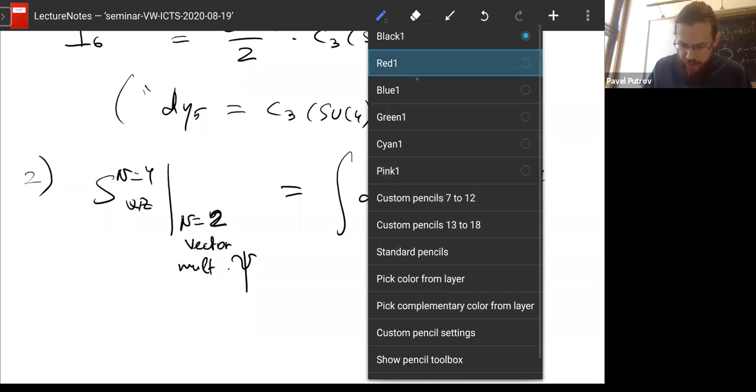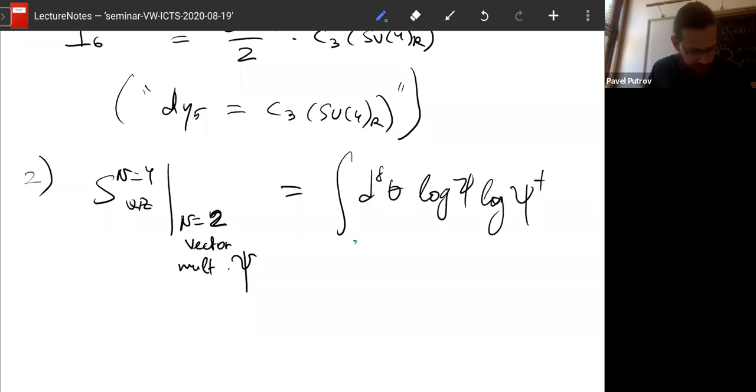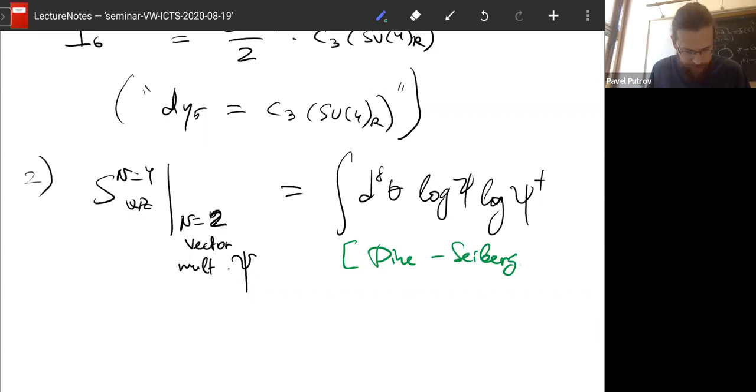This is something found quite a while ago by Dine and Seiberg. But this result is not enough to get the terms which actually contribute to the holomorphic anomaly, because those terms vanish if one just restricts to an N=2 vector multiplet inside the N=4 vector multiplet.